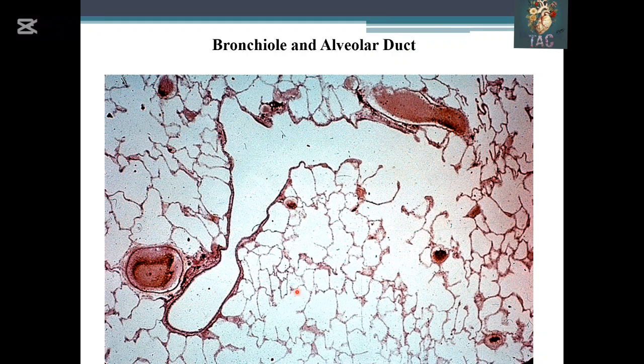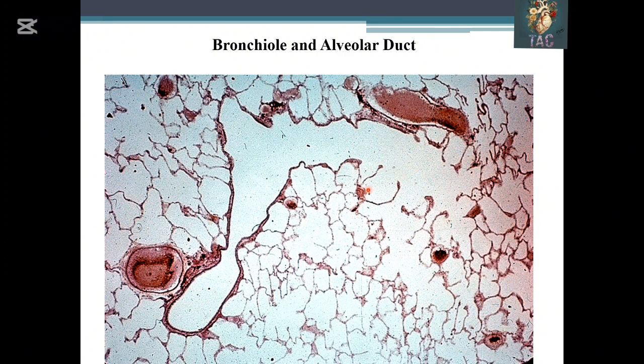A large number of alveoli and alveolar ducts are present in this area, in addition to the respiratory bronchiole. So this one is the terminal bronchiole, the respiratory bronchiole, and then the alveolar duct, which is present over here. This one is the alveolar duct, and then the alveoli.